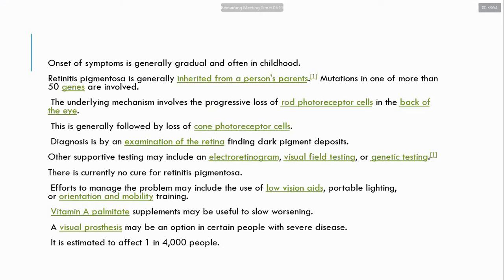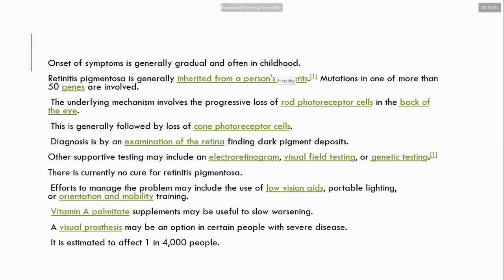Diagnosis is by examination of the retina, finding the dark pigment deposits. Clinically only, you can know the disease by seeing all those bony spicules. Supportive testing may include electroretinogram, visual field testing, and genetic testing.